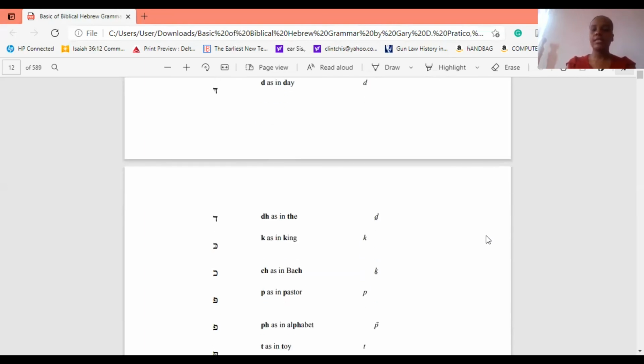The next consonant is P. The hard pronunciation, that is pronunciation with the dot or the Dagesh Lene, is P as in pastor, and the transliteration is P. Without the Dagesh Lene, it is PH as in alphabet, and the transliteration is P with the horizontal line on the top, or there are some books that will have it as PH or F.